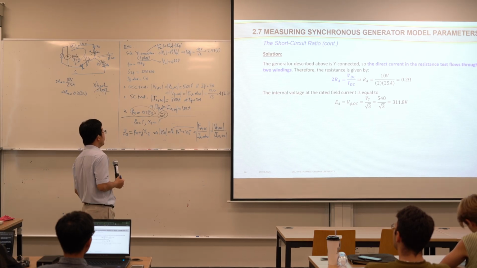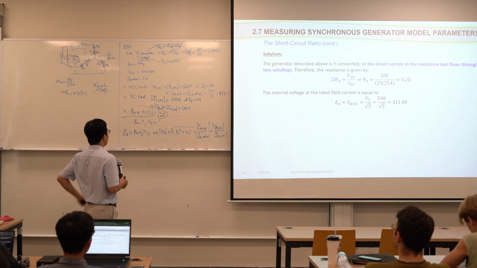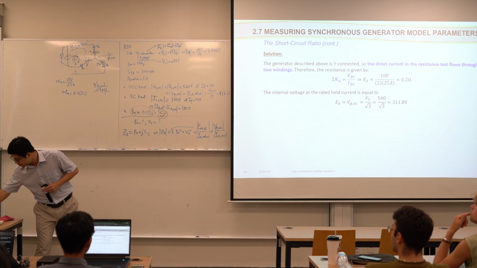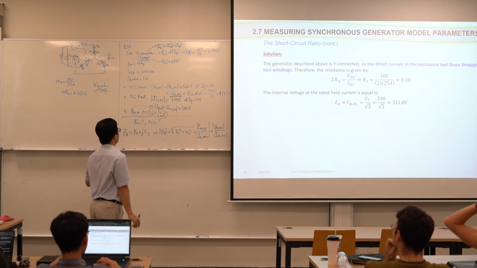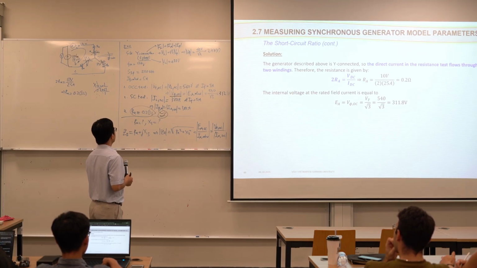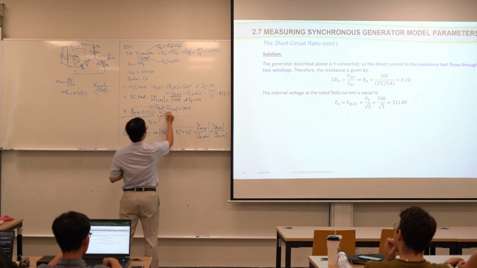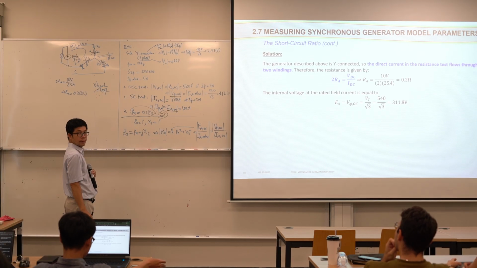They give us the information of V phase open circuit. Of course, we know V line, so we can calculate V phase open circuit. They also give us IA short circuit. Okay?